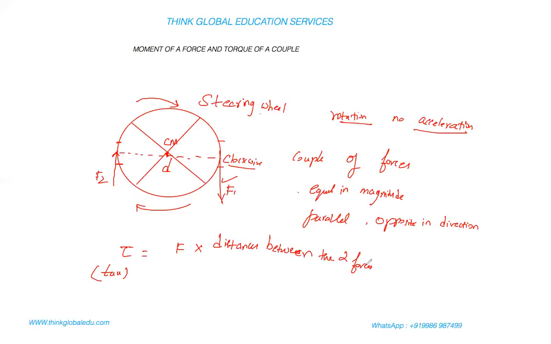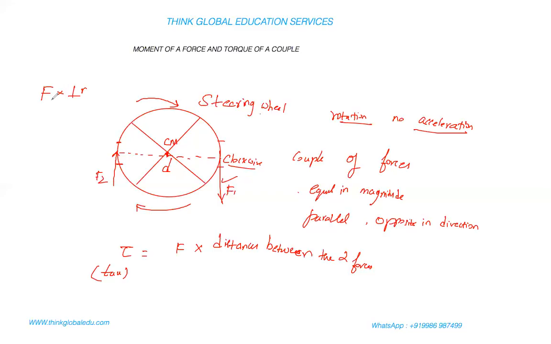This is the torque of a couple. Now, in the moment of a force also, we have force multiplied by distance, but that is the perpendicular distance between the pivot and the line of action of the force.